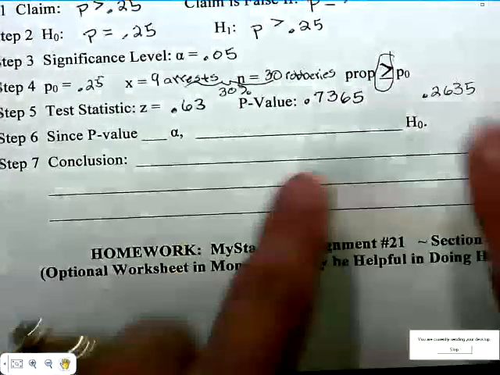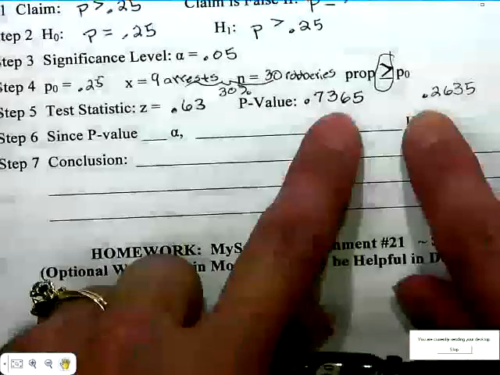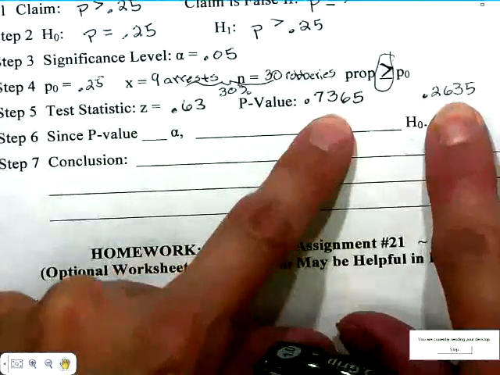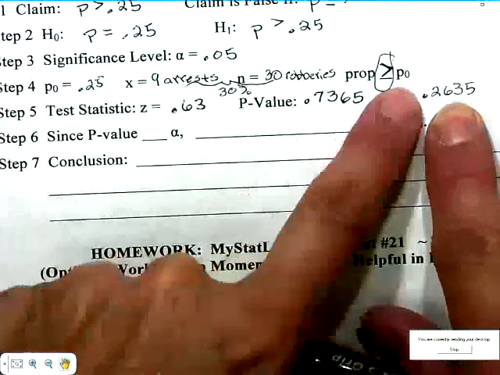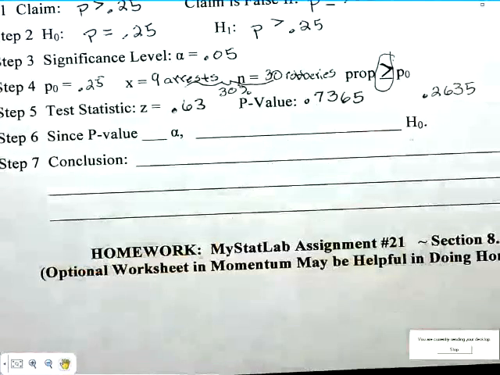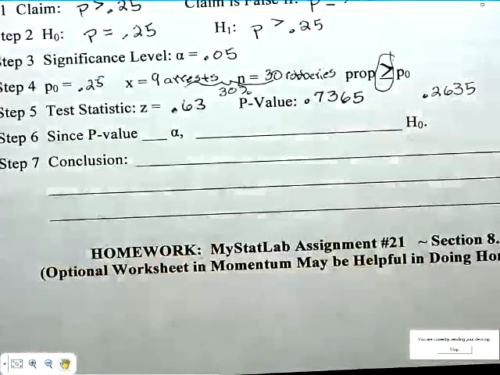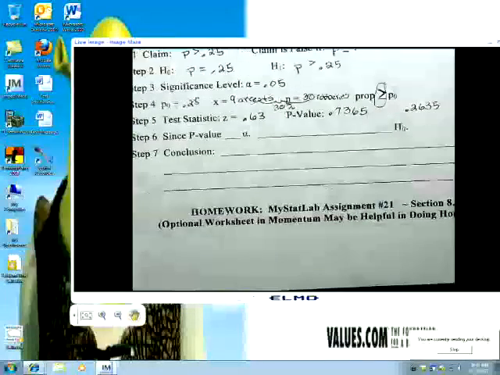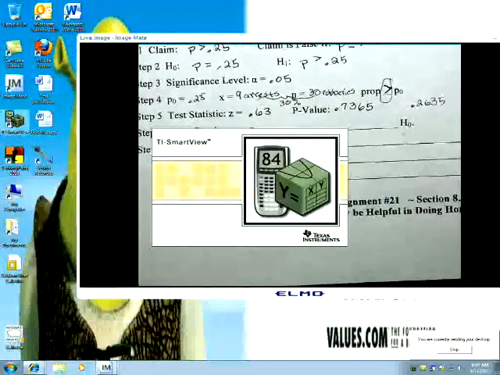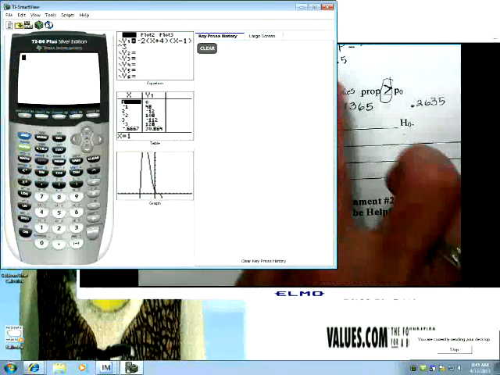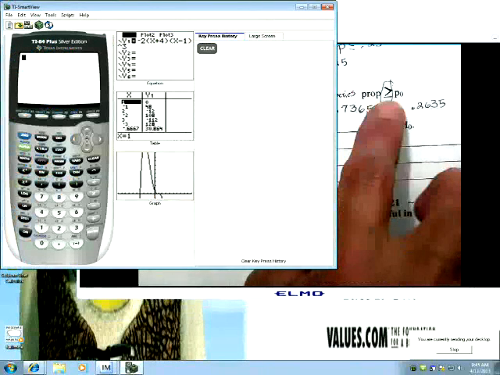Those add up to give me 1. So somebody has the exact wrong thing. Somebody has less than instead of greater than. Yes, because that's what the alternate hypothesis is.